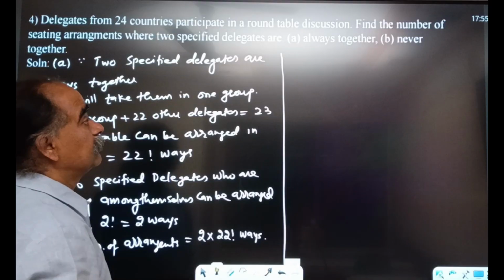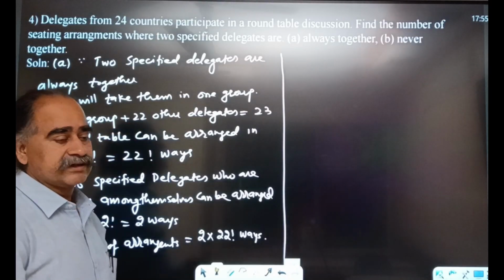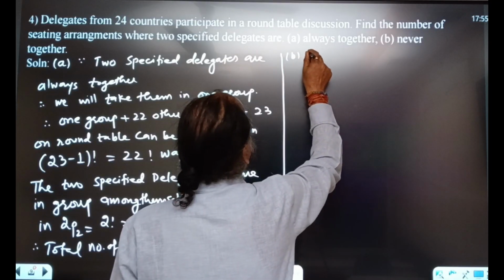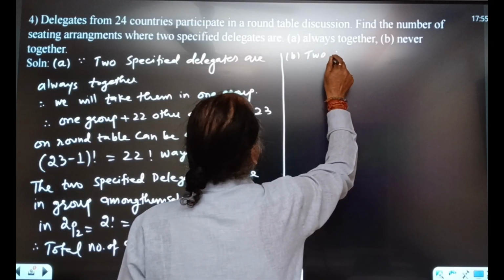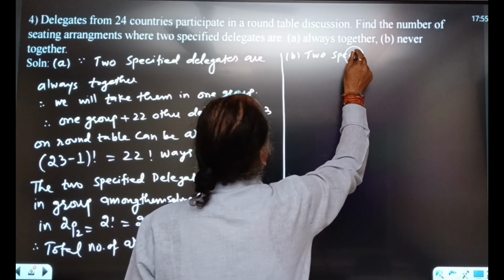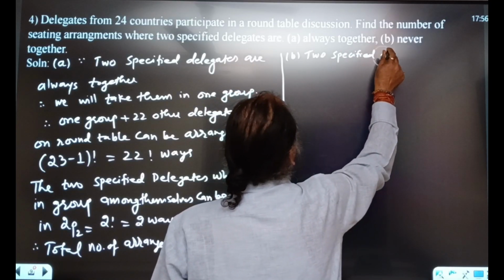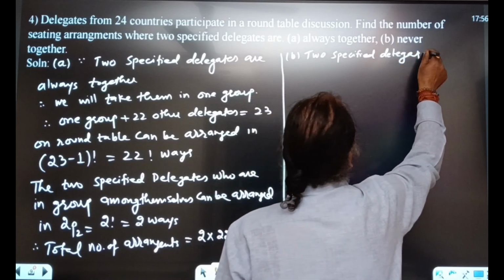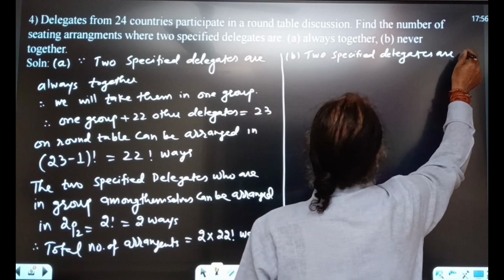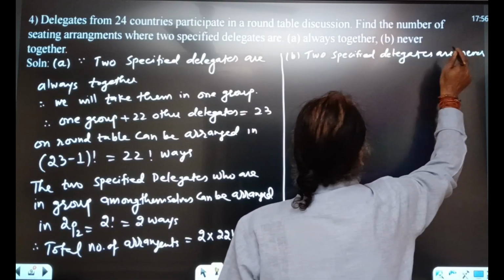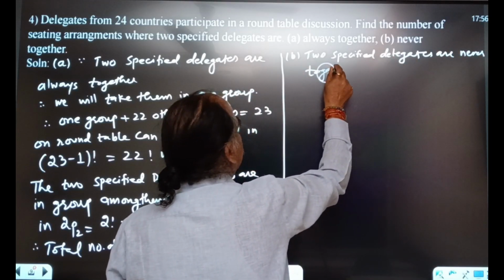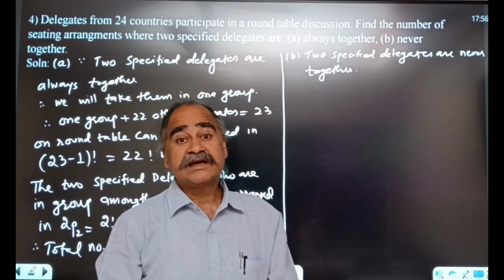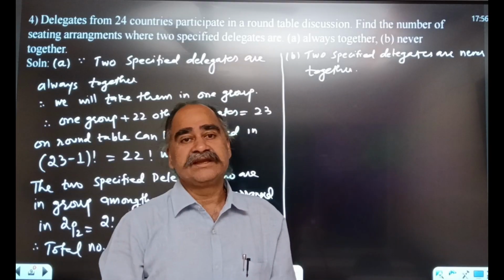Second case is what? Two delegates are never together. B part. Two specified delegates are never together. Whenever the word specified is not mentioned, then in that case the two delegates can be any.